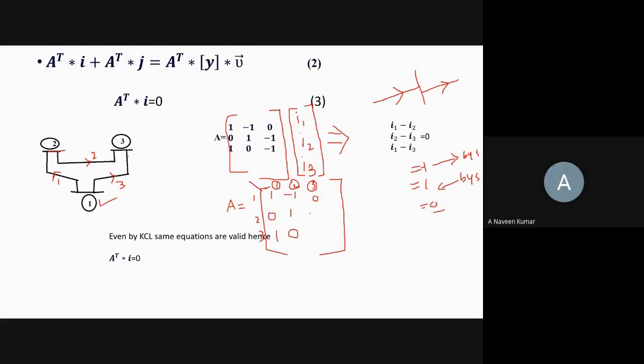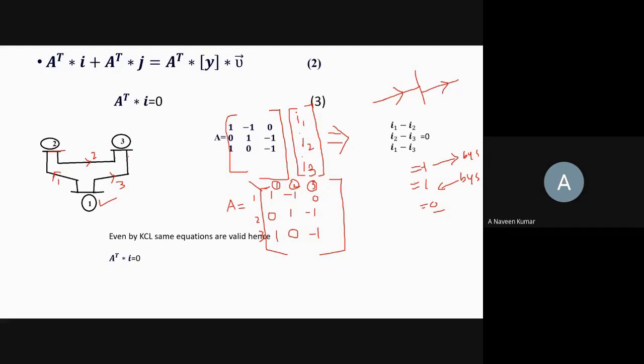Is it approaching the bus number 3 or leaving? Approaching. So this is -1. Element 3 also? Approaching. So this is also -1. So this is the bus incidence matrix for this network.